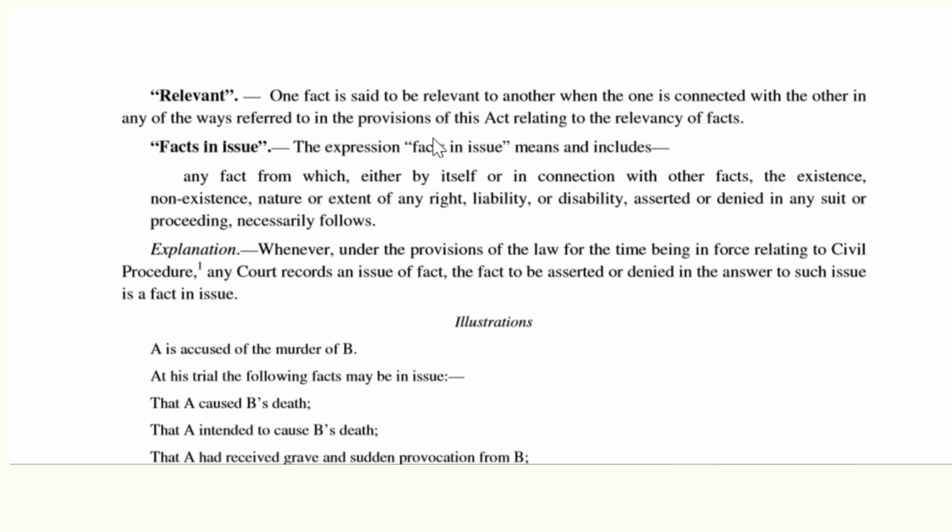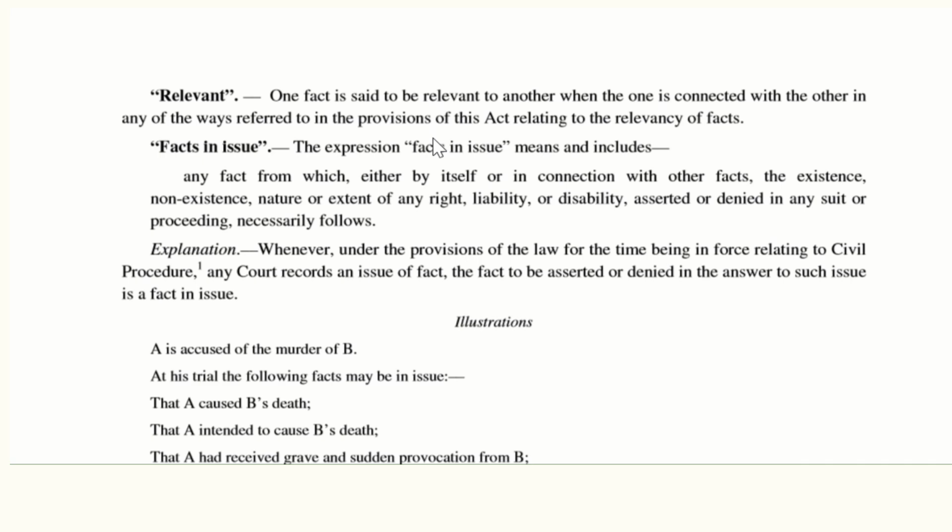So in this, let us assume that fact A is the person going inside the house with a knife in his hand. And fact B is the person inside the house was dead when the person holding the knife came out of the house. So these two facts are connected to arrive at a conclusion that the person who went inside the house has killed the person who was inside the house.